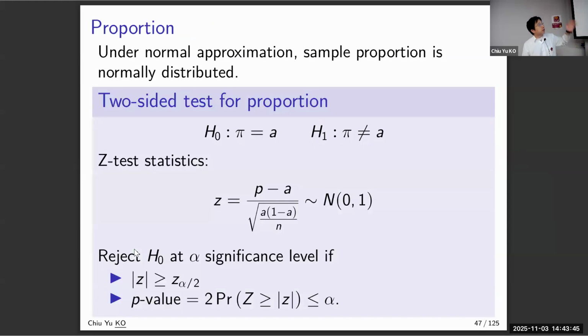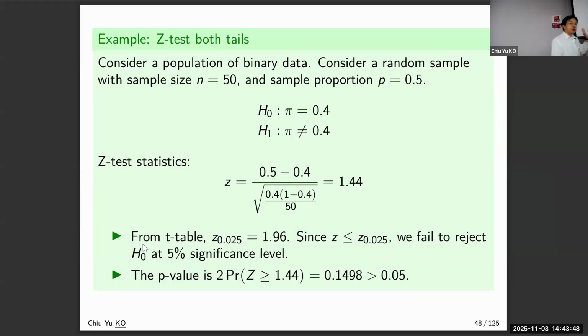That is the proportion. For the proportion we use the z-test, because proportion has a convenience: once I tell you the mean, I know the variance. Because of binary data and n being large enough, the sample proportion, which is also the sample mean, will be a bell curve. And our mean from the hypothesis is 0.4.